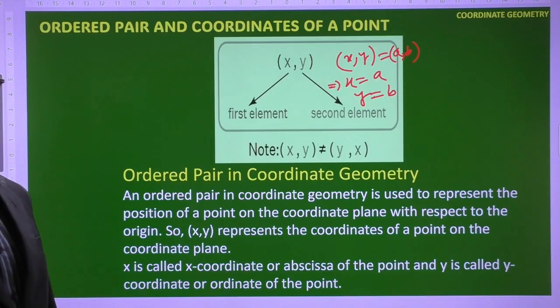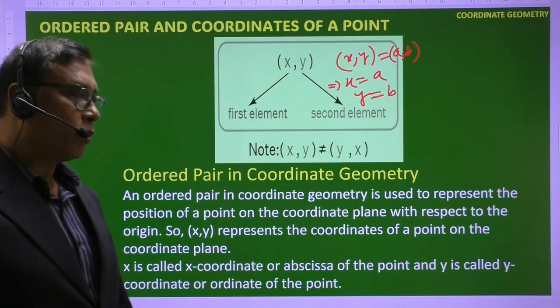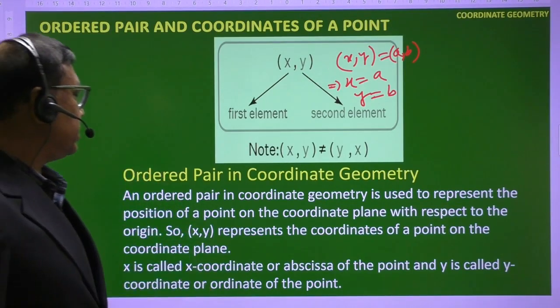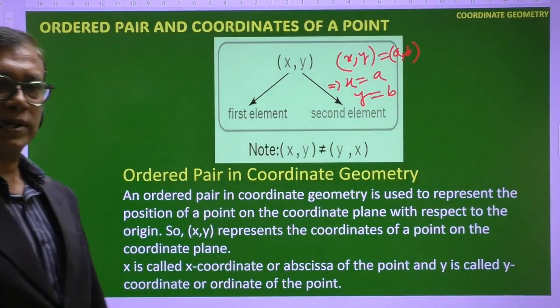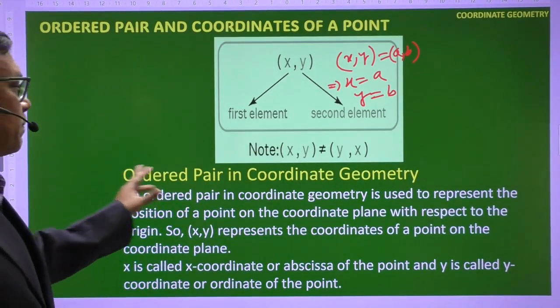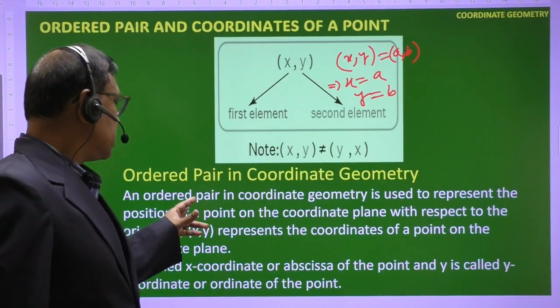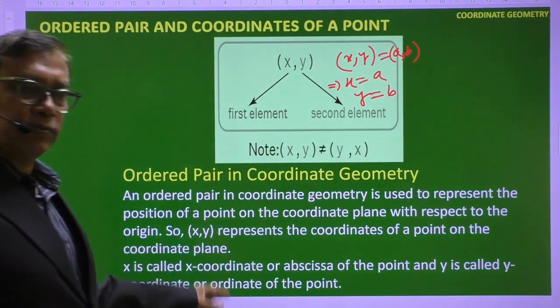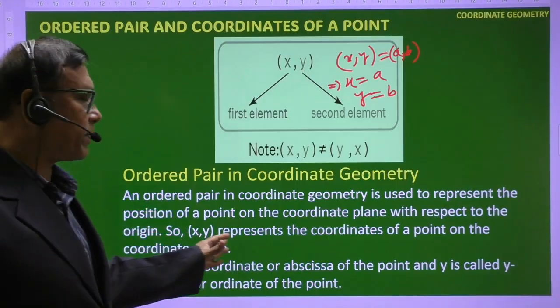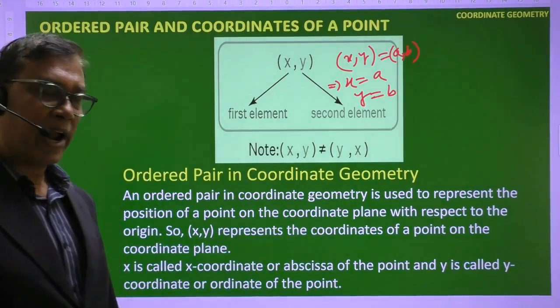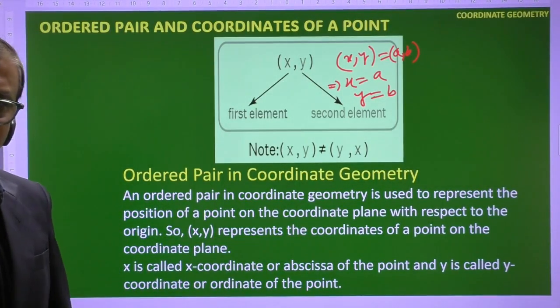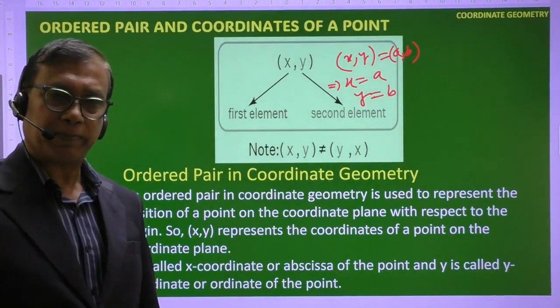Now what is the use of this ordered pair? We can use this ordered pair in coordinate geometry to represent the position of a point. So x comma y, this ordered pair represents the coordinates of a point on the coordinate plane or on the 2D plane.